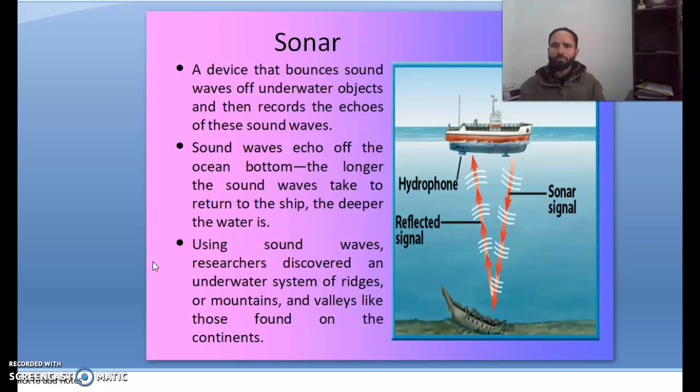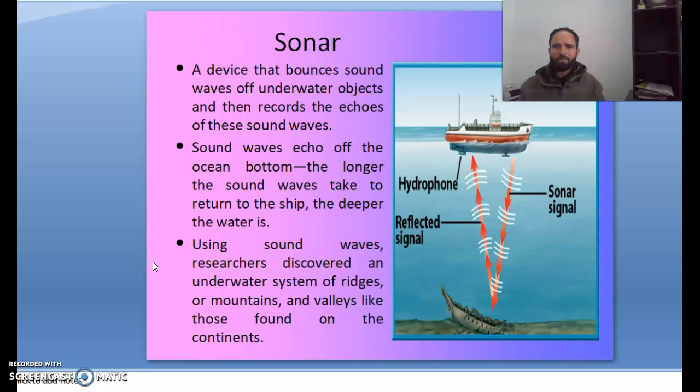Now the recording of sonar signals. Sonar is a device that bounces sound waves off underwater objects and then records the echoes of these sound waves. The longer the sound wave takes to return to the ship, the deeper the water is.